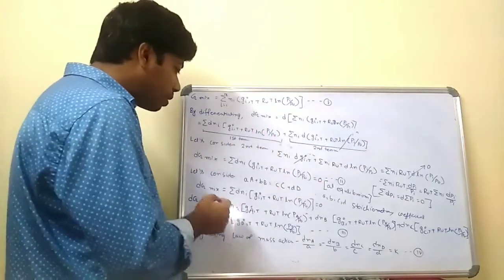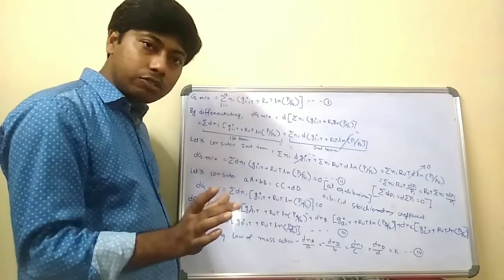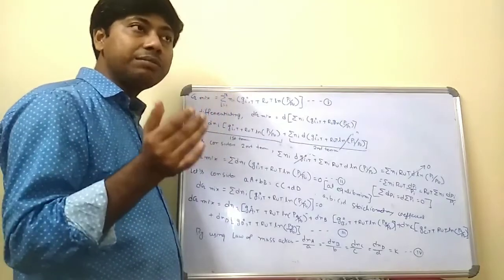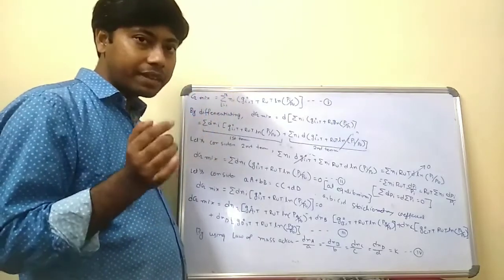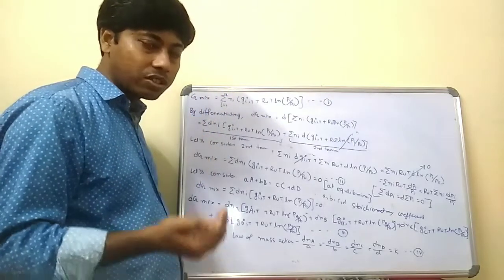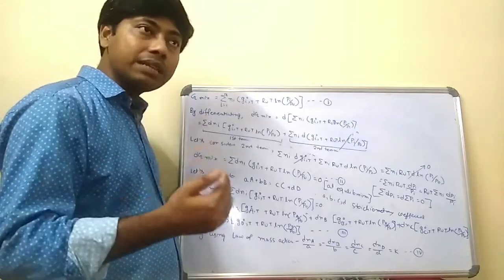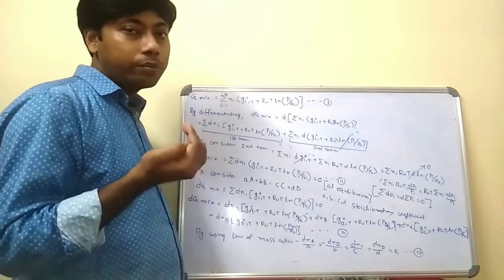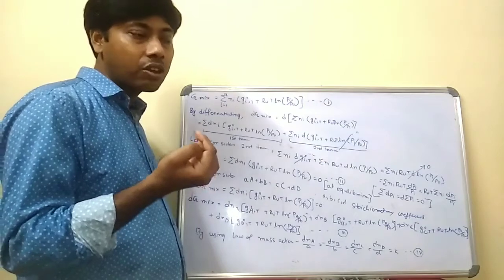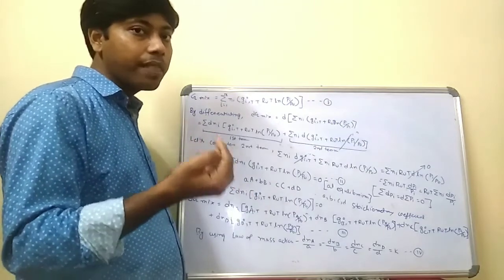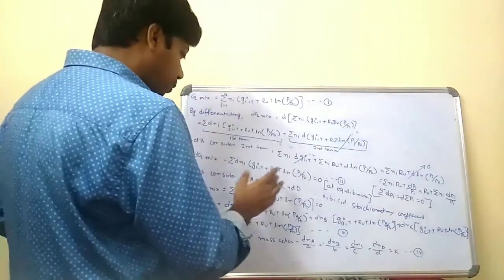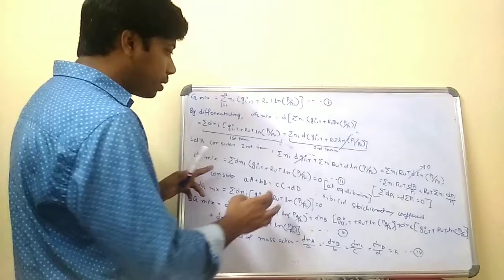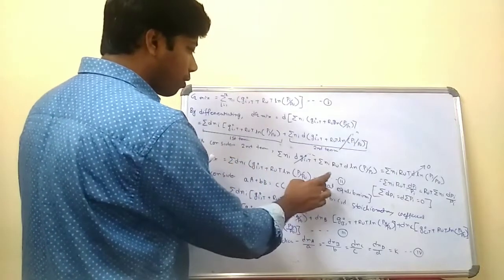You know that at equilibrium condition dG mixture is equal to 0, and if dG mixture is less than 0, that means the reaction takes place. And if dG mixture, the change of Gibbs free energy of the mixture, is equal to 0, then it can reach chemical equilibrium. So to reach chemical equilibrium, it should be 0, okay.